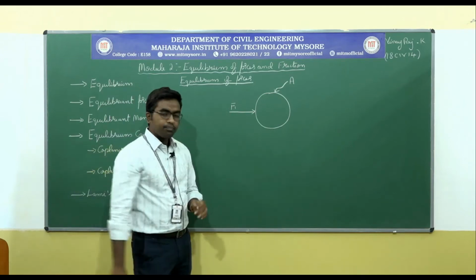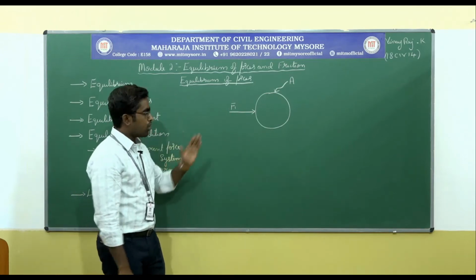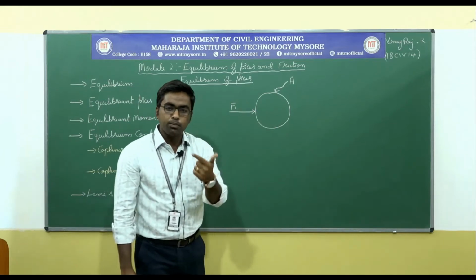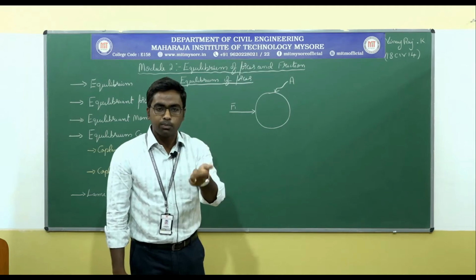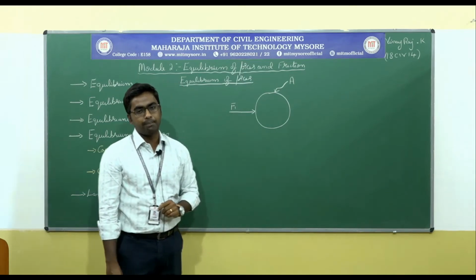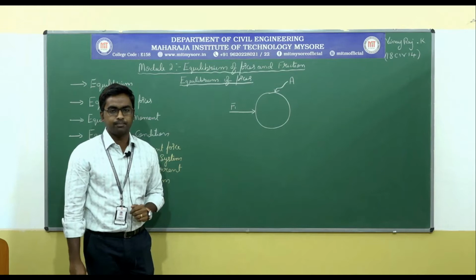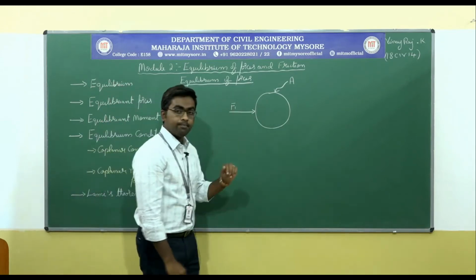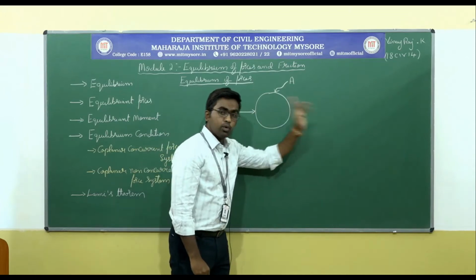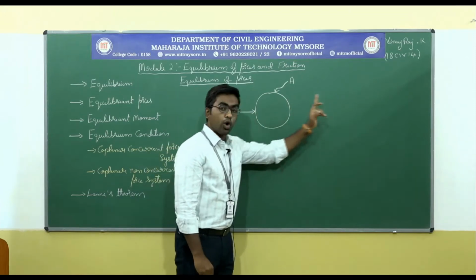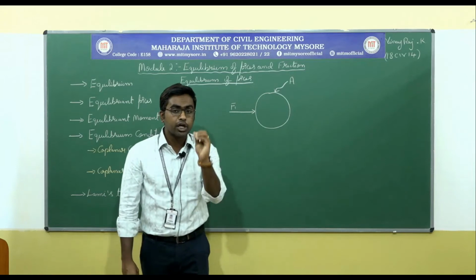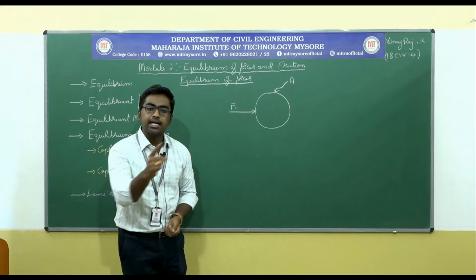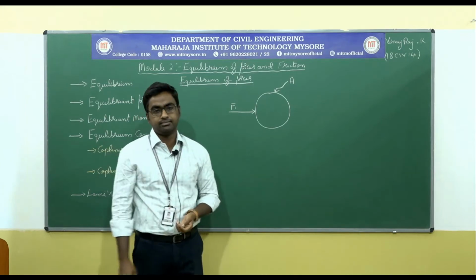When I apply a force F1 on the body, it is common sense the body will tend to move, or it will try to move in the direction of the applied force. It is common sense, right? Whenever you apply a force on the body, the body is going to move in the direction of the applied force, and that is called the resultant of this system.